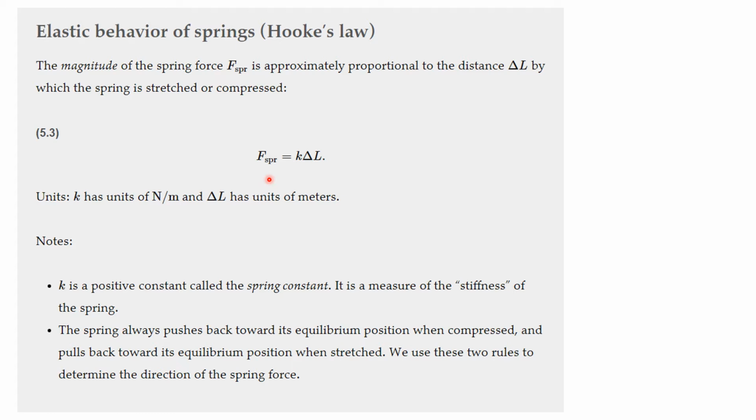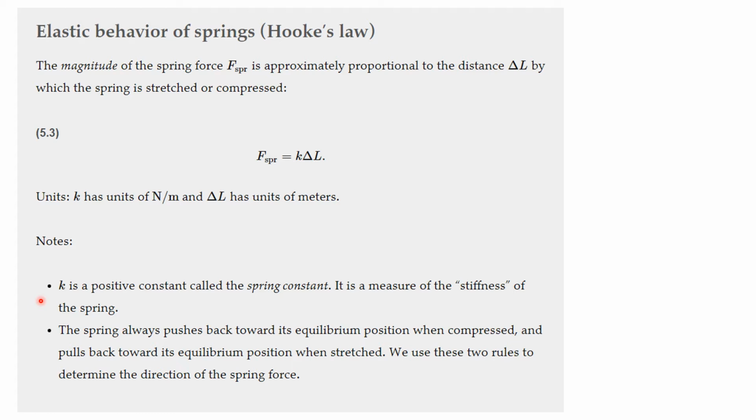Now, K has units of newtons per meter. It has to make this be newtons. And delta L has units of meters. Note, K is a positive constant called the spring constant. It really depends on how stout your spring is, what the spring is made out of, and how many coils per inch, things like that.